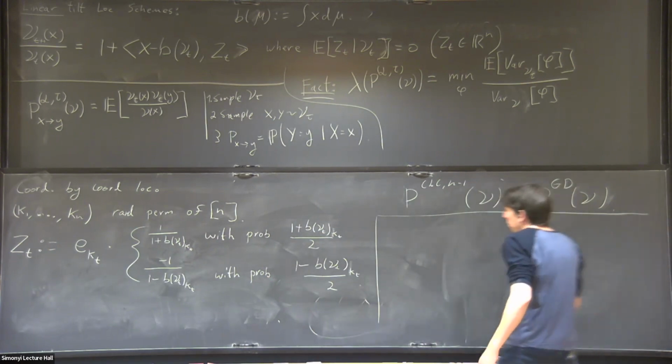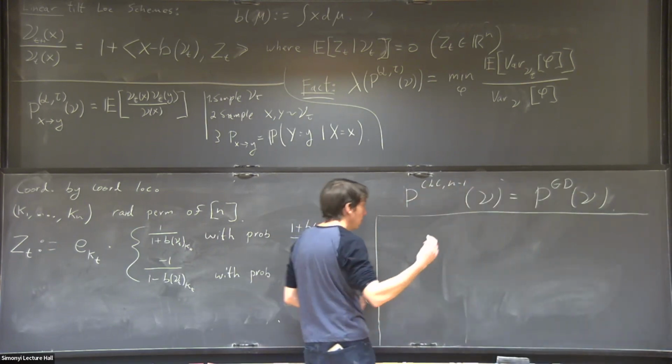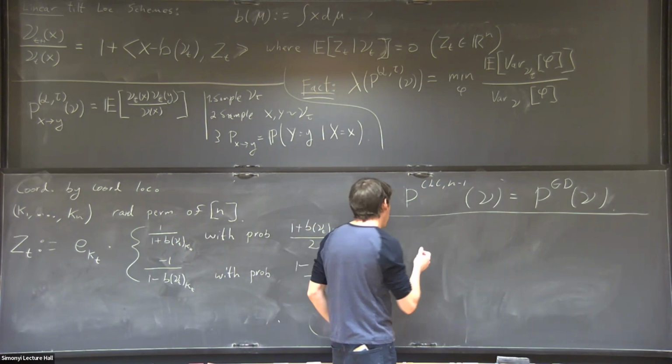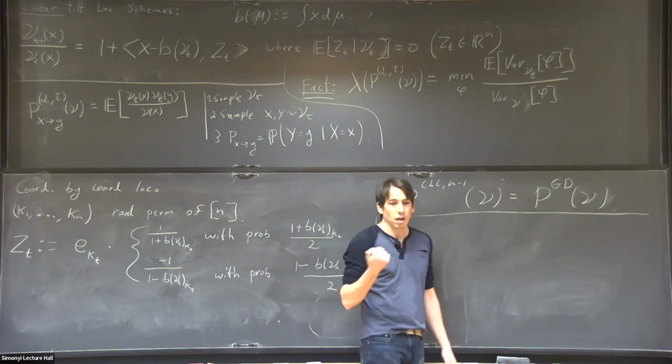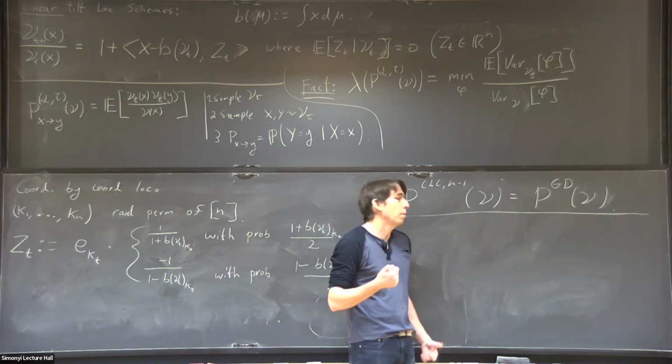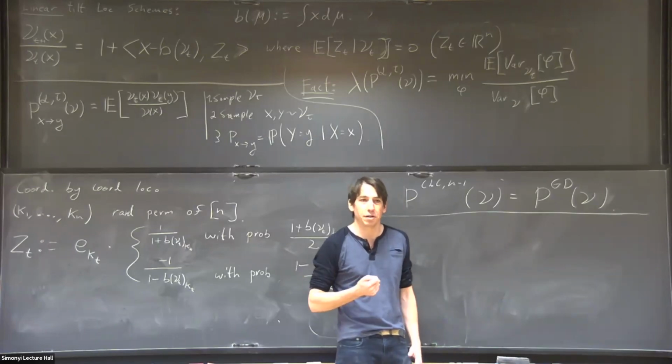a natural definition that we saw in the end of the last talk is the approximate conservation of variance.